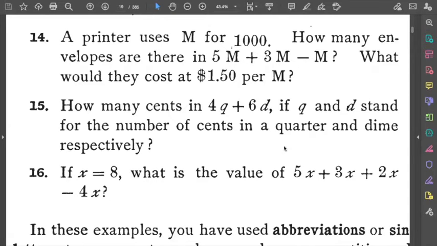I hope you get it. Yes, please. Good. So 60 cents for the dimes. So you're going to have 4 times 1/4 plus 60.